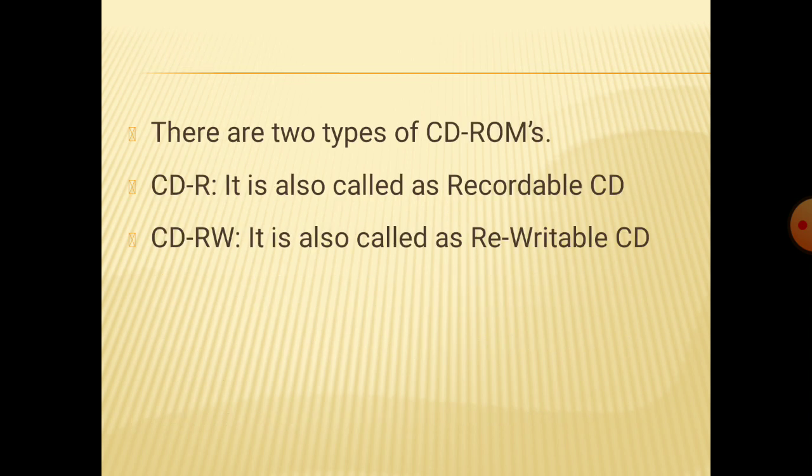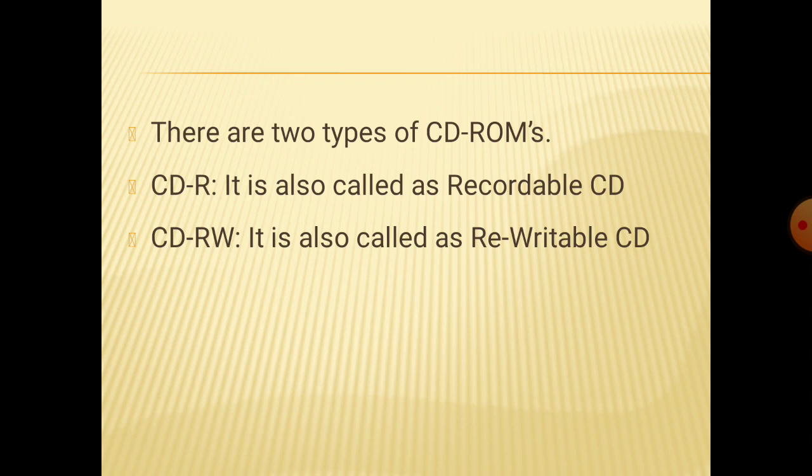So there are types of CDs. Actually we have to study CD in detail, and there are three types. The CD-ROM is a part of CD only, but they take CD-ROM specially, and it is divided into two, CD-R and CD-RW. But in reality, CD is divided into three: CD-R, CD-RW and CD-ROM.